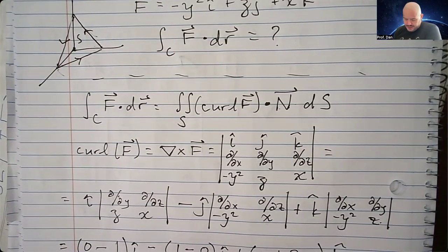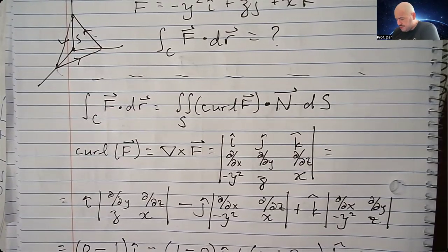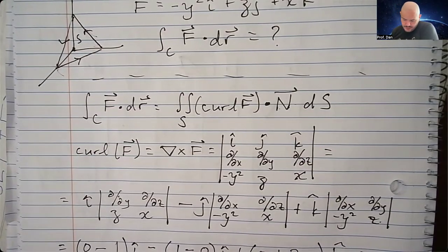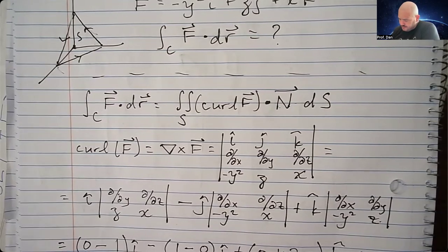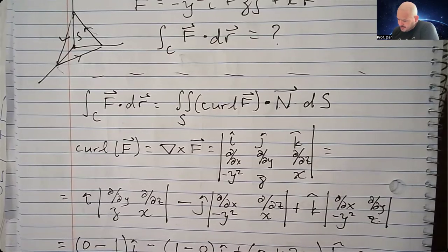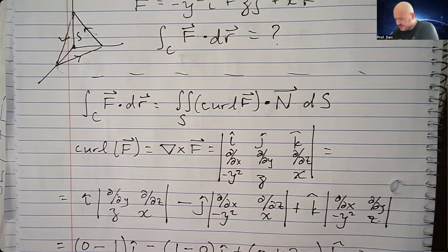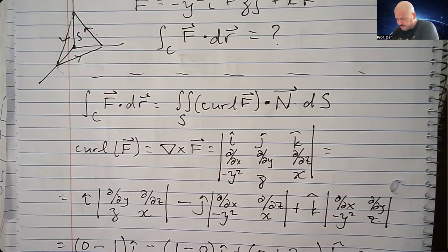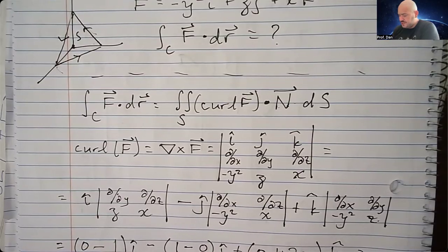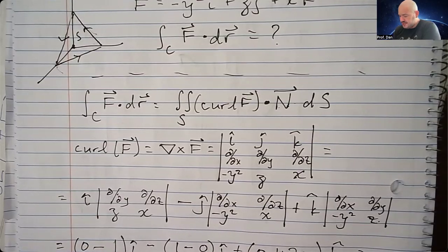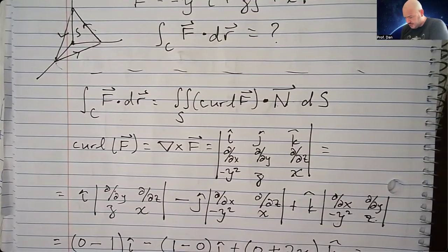So n is going to be equal to negative g_x for the i component, negative g_y as the j component, and positive 1 as the k component.